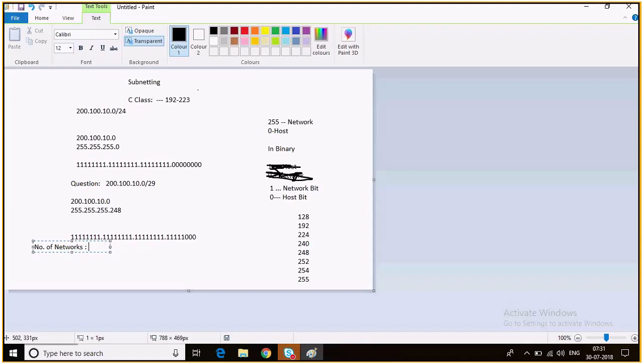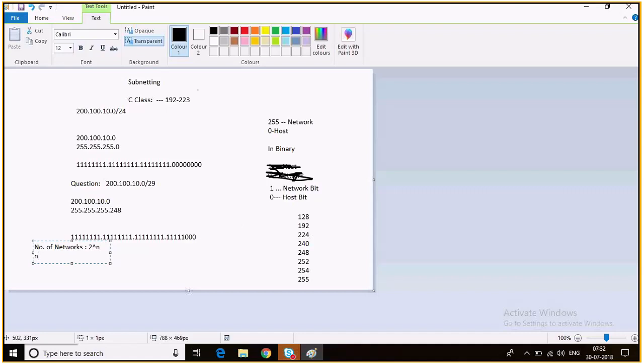So the formula for this is 2 raised to power n, right? And that's it. Where n is equal to the number of networks.